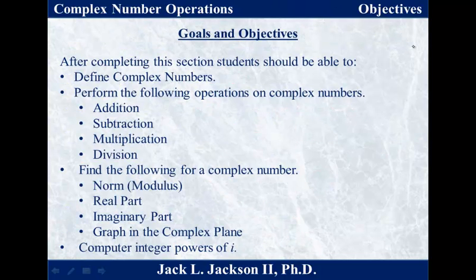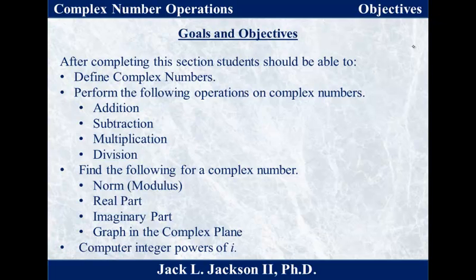So what should you be able to do now at this point? After doing this and practicing it a little bit, you should be able to, first of all, define what a complex number is. Find the following operations on complex numbers, basic ones: add, subtract, multiply, and divide. You should be able to find the norm or modulus of a complex number, the real and imaginary part, and you should be able to graph a complex number in the complex plane.